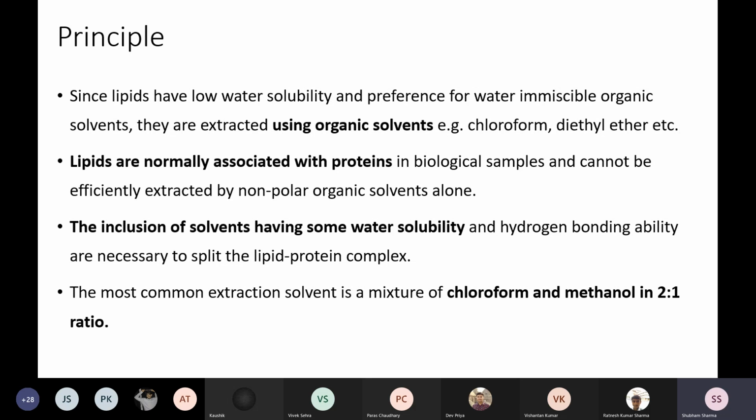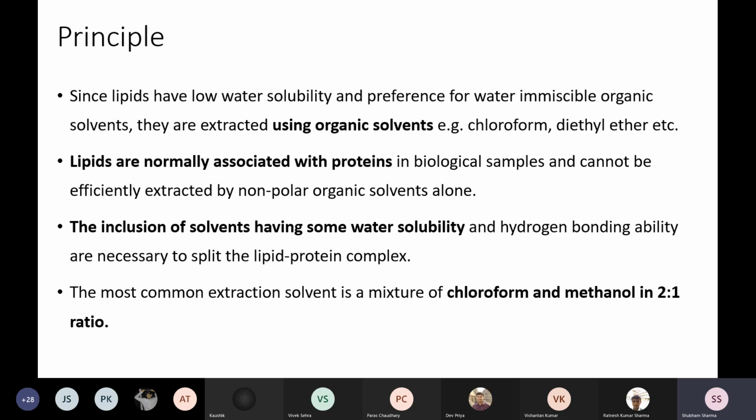So they have a preference for some organic solvents, for example chloroform, diethyl ether, etc. But in the case of biological samples, lipids are generally associated with proteins, so they cannot be efficiently extracted by non-polar organic solvents alone.